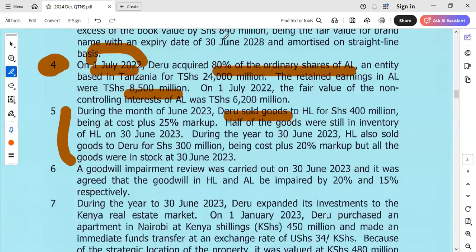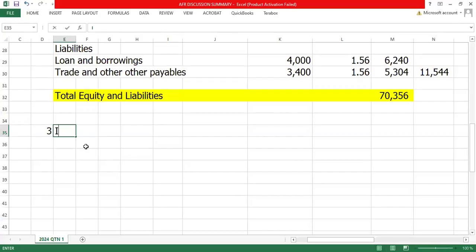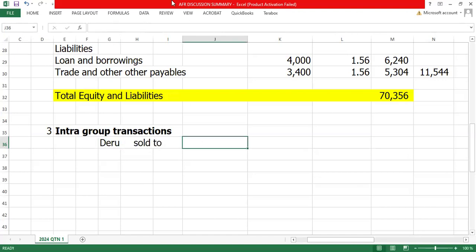This is an intragroup transaction. Remember, all intragroup transactions must be eliminated. So Deru sold to the other entity, HL. So what was the sales amount, or the disposal amount?